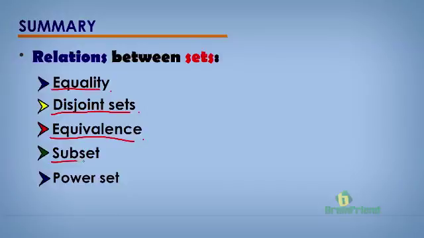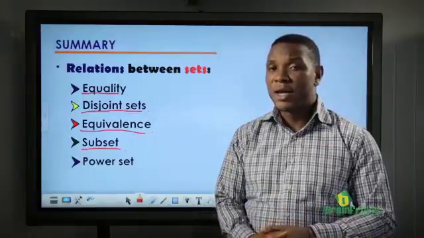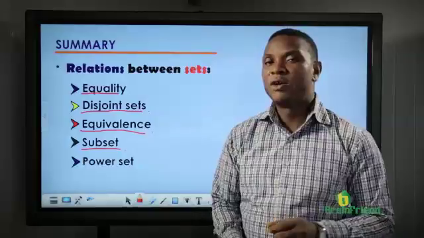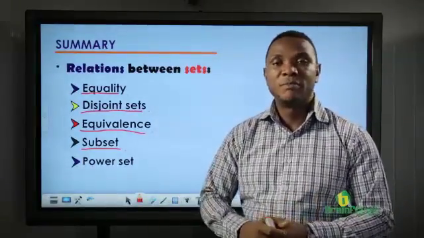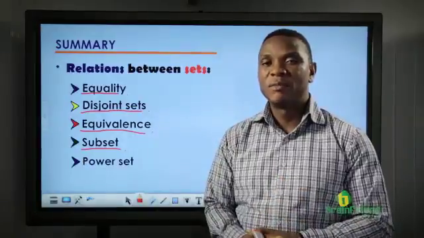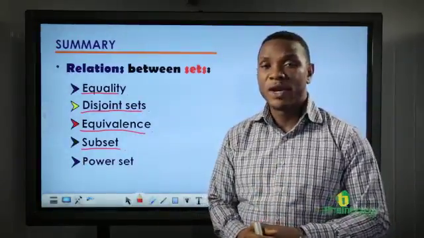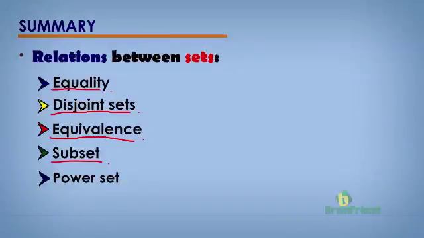Next, we learned about a very important concept of the subset. We said the subset is a concept whereby A, for instance, has its elements all found in another given set B. We also said B could have some of its elements not present in A, and that would give us a situation where A becomes a proper subset of the given set B.